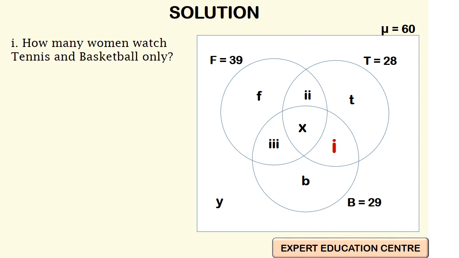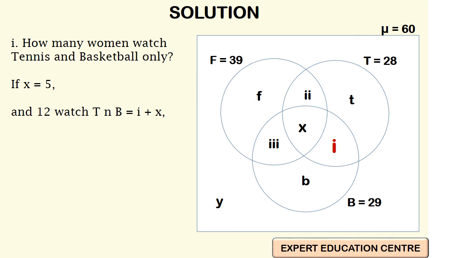So, question 1 says, how many women watch tennis and basketball only? We are told that X is 5, women that watch all 3 sporting events. We are also told that 12 of these women watch tennis and basketball.